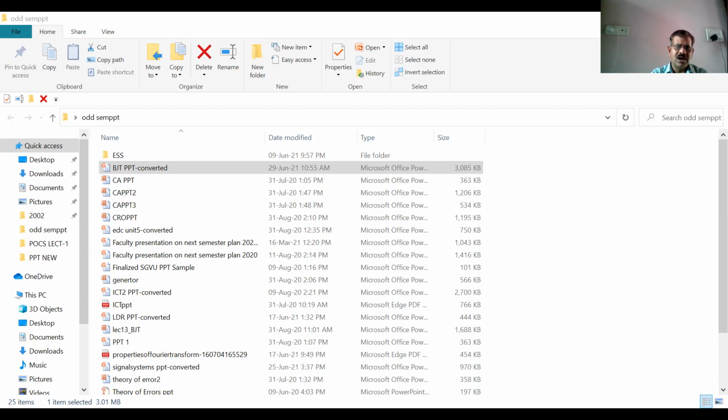In a BJT the middle section is thinner than the others. So a transistor has three sections of semiconductor. The section on one side is called the emitter and the opposite side is called the collector. The middle section is called the base. This is the symbol of the transistor, which has the three terminals base, emitter and collector.